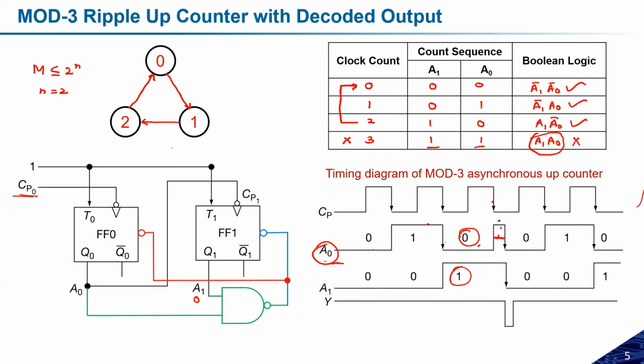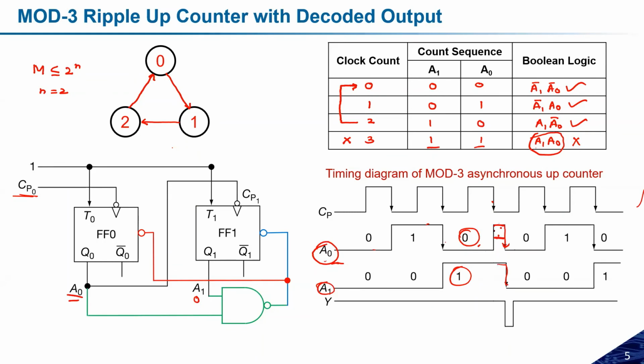This is the delay td of flip-flop a0, and all the waveforms will be shifted by this TD time period. At this time, A1 will be changed.